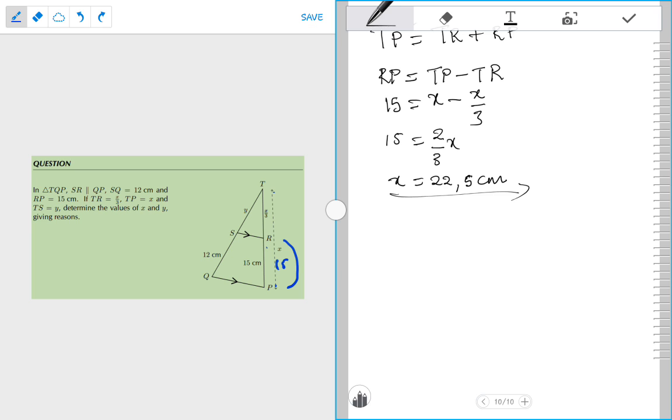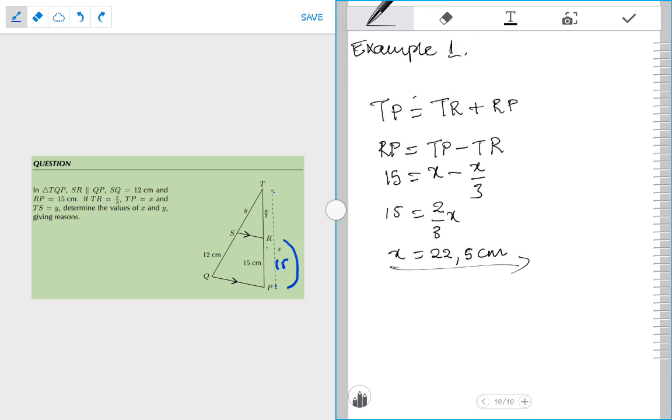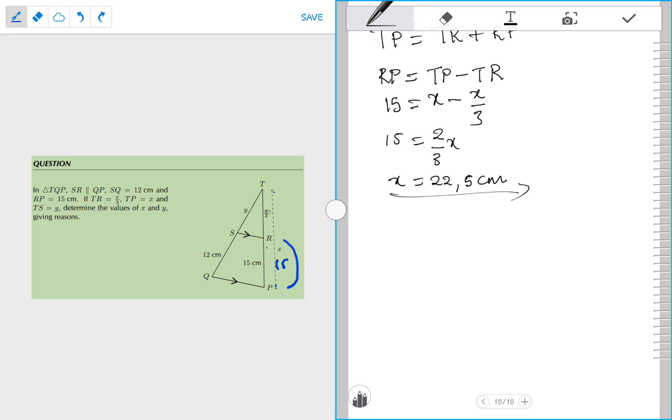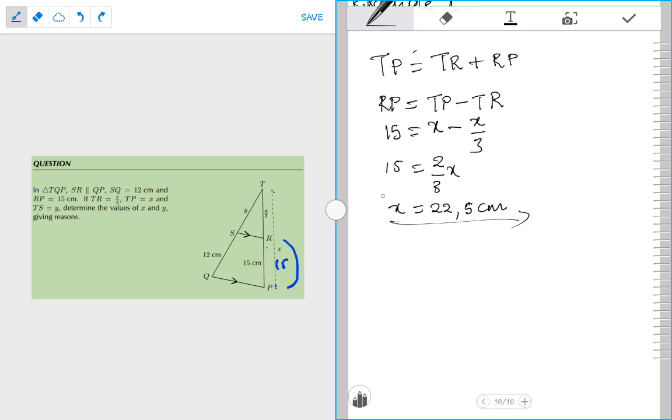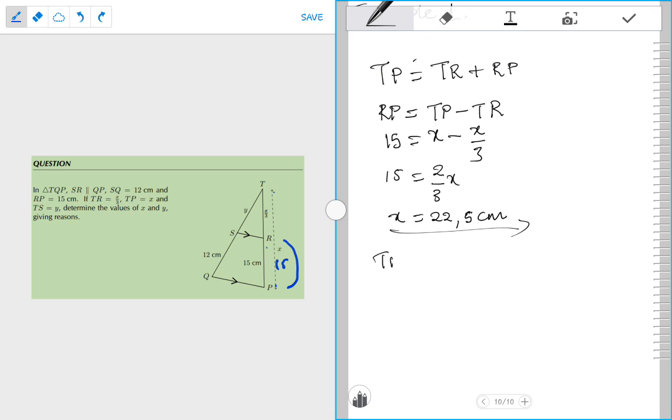Then let's check what our TR is. Therefore we say TR is equals to x over 3, which is equals to 22.5 over 3, which is equals to what?